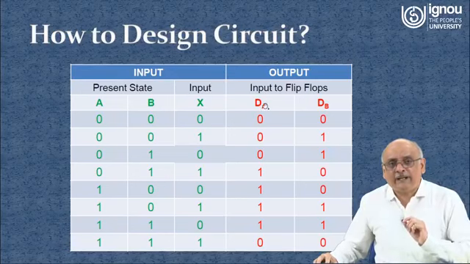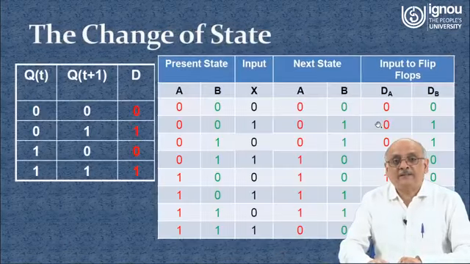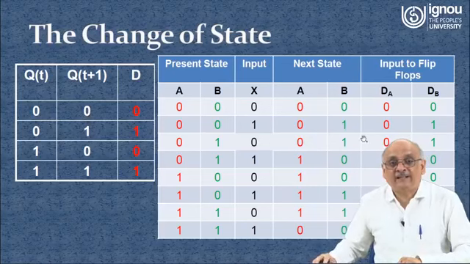The input to D has to be based on the present state of the flip-flop as well as the input value of the flip-flop. So this is what we are trying to ascertain at this particular time. So what we have: present state, input, and what we expect as the output, the next state.